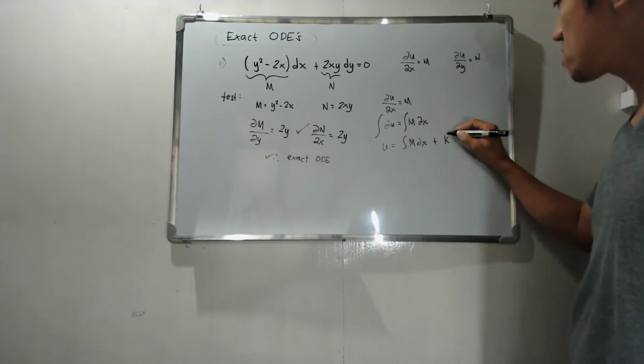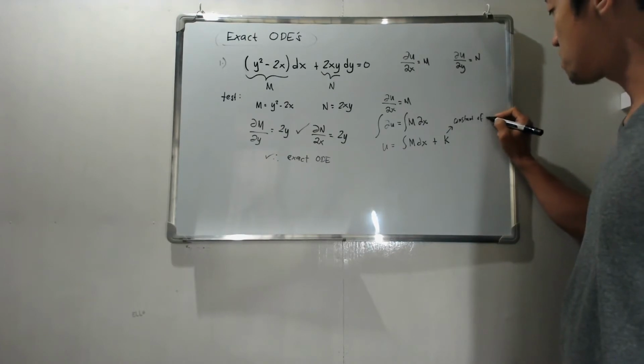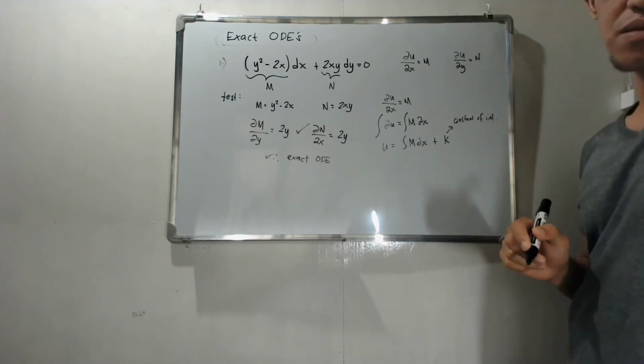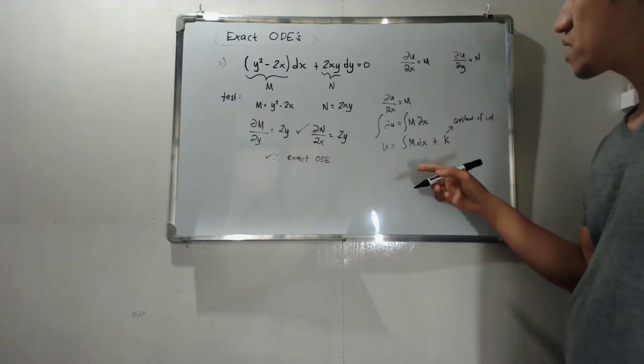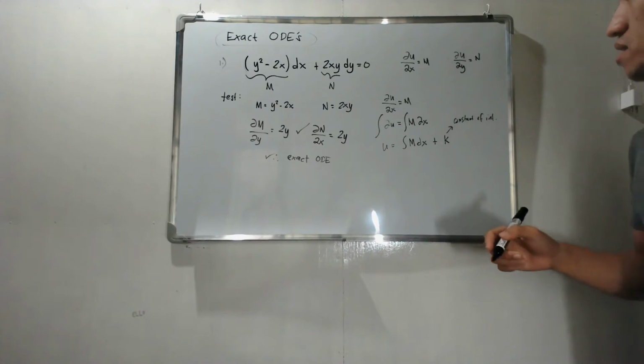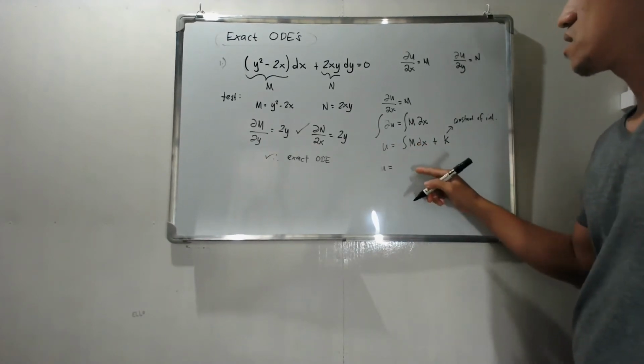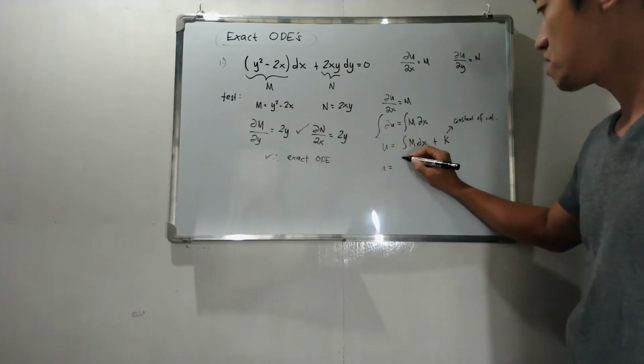This k is your constant of integration. Okay? When you integrate this one, you need to add the constant.